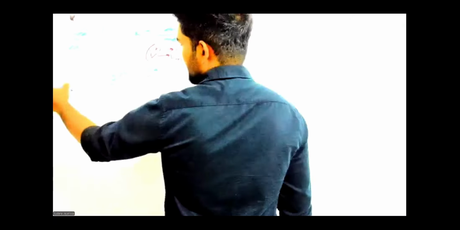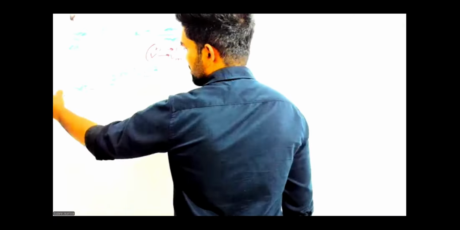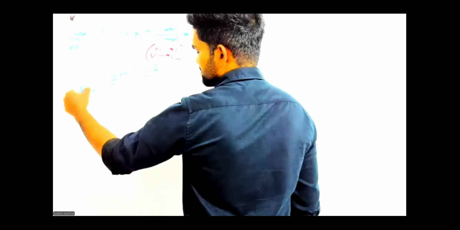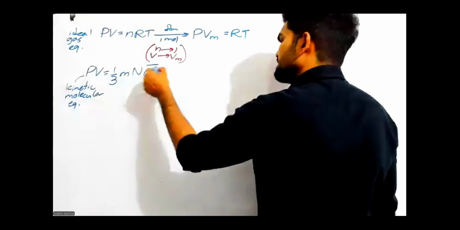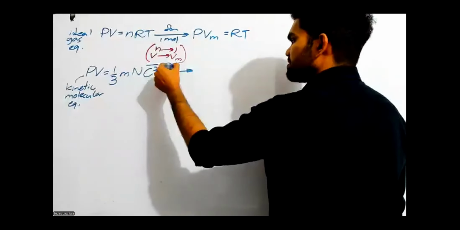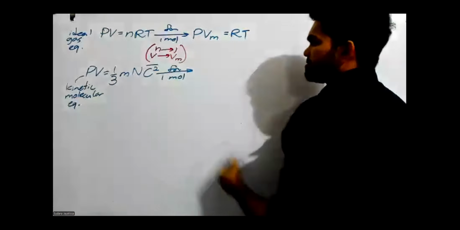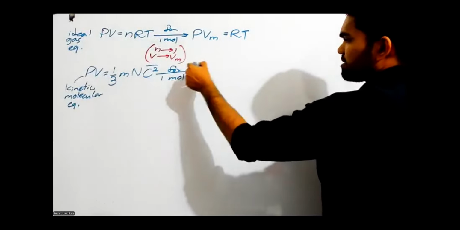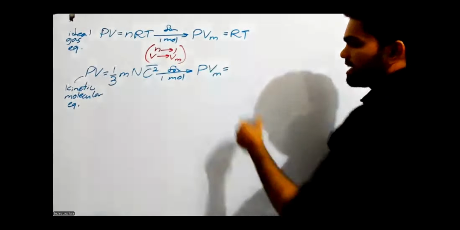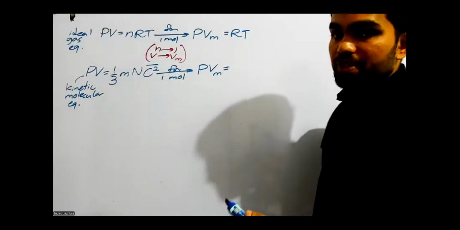This is called the kinetic molecular equation, and we use this equation and get it again for 1 mole. When we take this for 1 mole, PVm will appear again because molar volume will come.